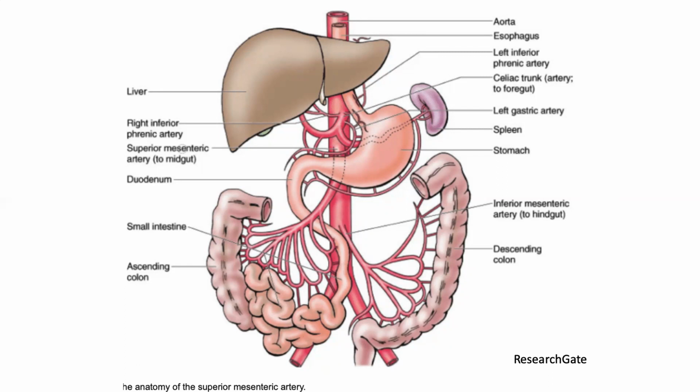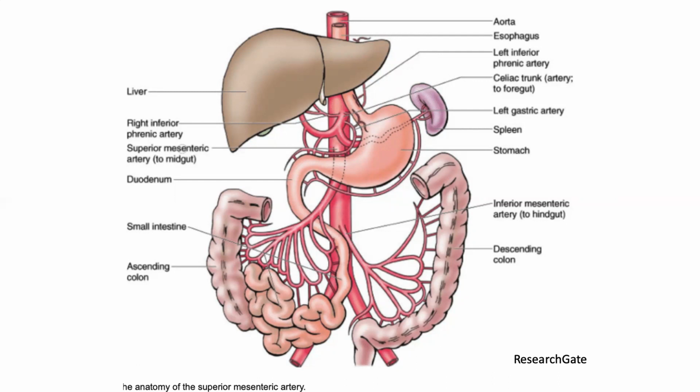The top one is the celiac artery, which is somewhere around here. It's written here, celiac artery. The second unpaired branch is the superior mesenteric artery, and the lowest is the inferior mesenteric artery. So these are the unpaired branches from the abdominal aorta.